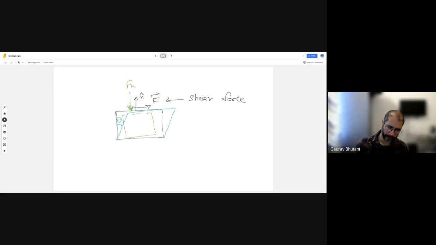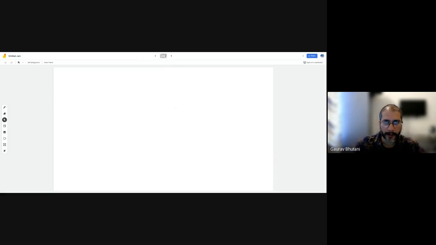So let me erase all this. Right. So what we say is that this force which is acting on a plane, the shear force, we can define something called a shear stress, which we denote by tau.